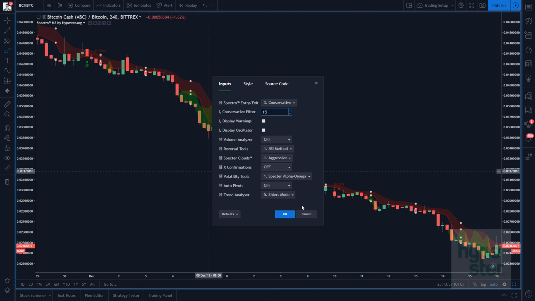I want to talk about every single indicator more in depth, but since this was a big release, there are many fixes that I want to do. For instance, the new algorithms such as the smart trend, the alpha omega, the volume method, the Spectro range method. All of those things are things that I still want to tweak and change.